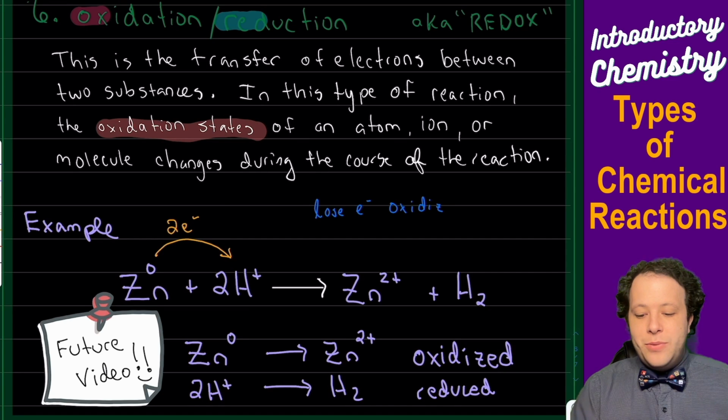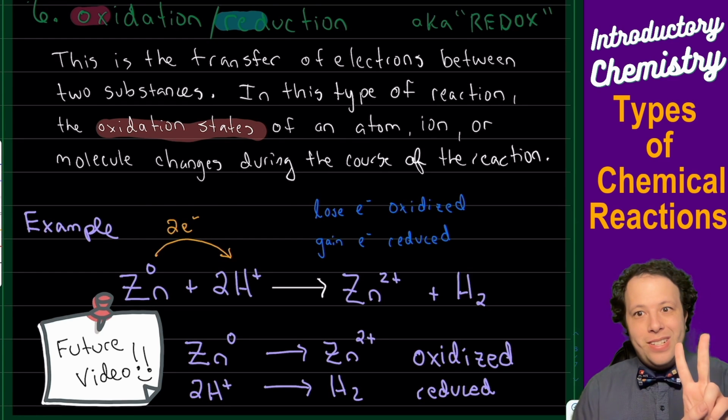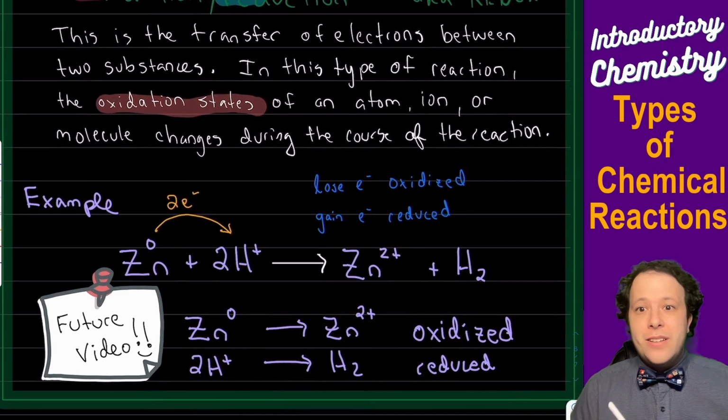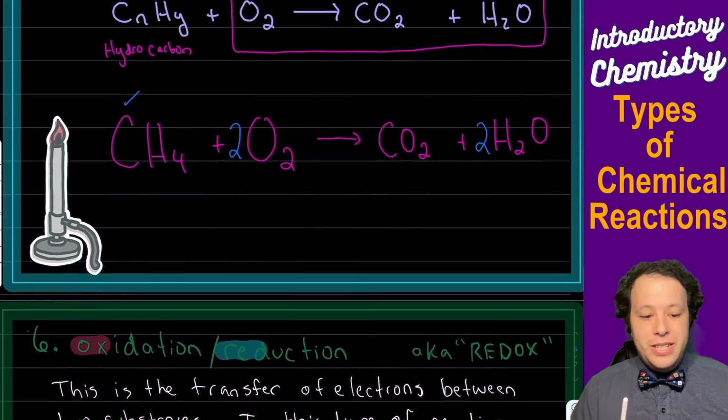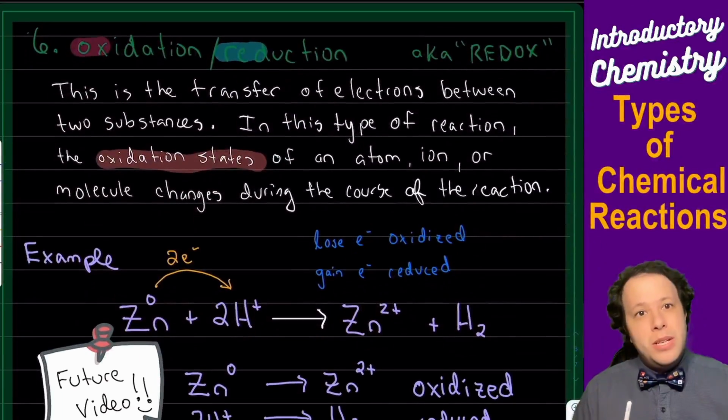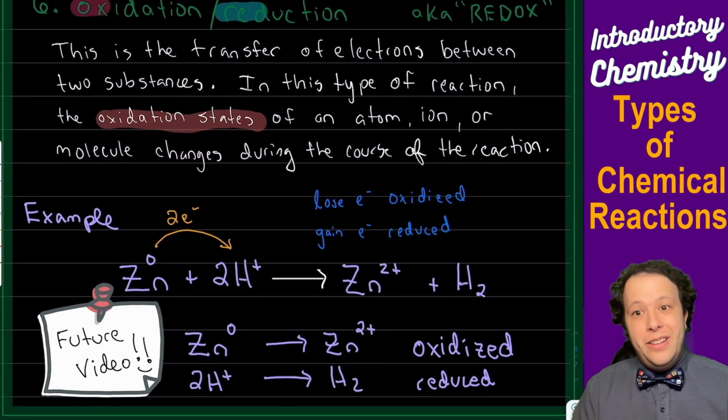Now the opposite is when you gain electrons, you are reduced. So hydrogen in this case gained 2 electrons, so it was reduced. Now this is the final type of reaction. So the main 5 are these first ones that we covered, but you will commonly see oxidation reduction too, which we will cover more in the future.